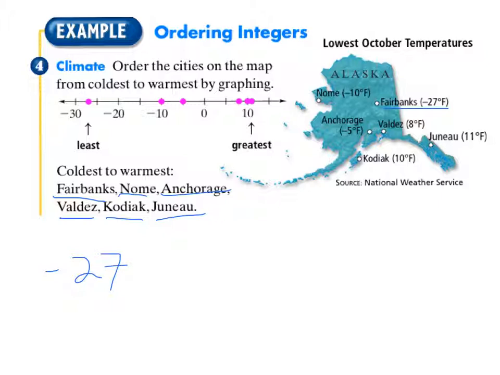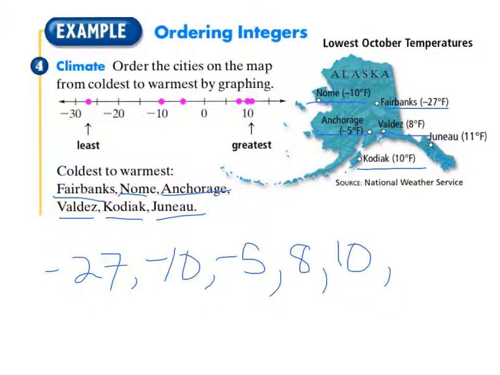Nome is negative 10. Anchorage is negative 5. Valdez is positive 8. Kodiak is positive 10. And Juneau is positive 11.